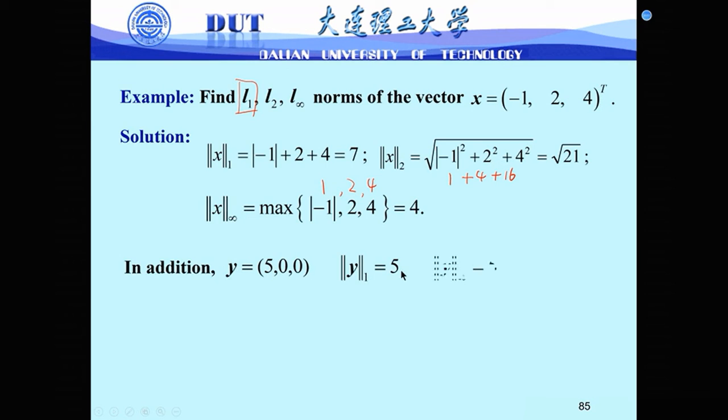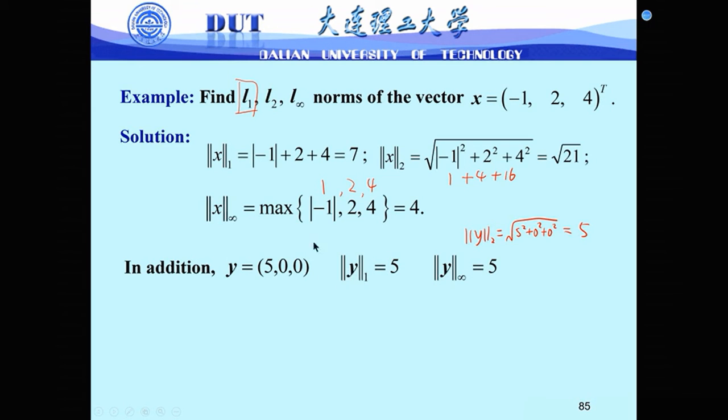For the infinity norm, the best score, of course, it's just 5. Also we can consider the 2 norm. It is the square root of 5 squared plus 0 squared plus 0 squared, then it's just 5. Now you see, 5, 5, 5.